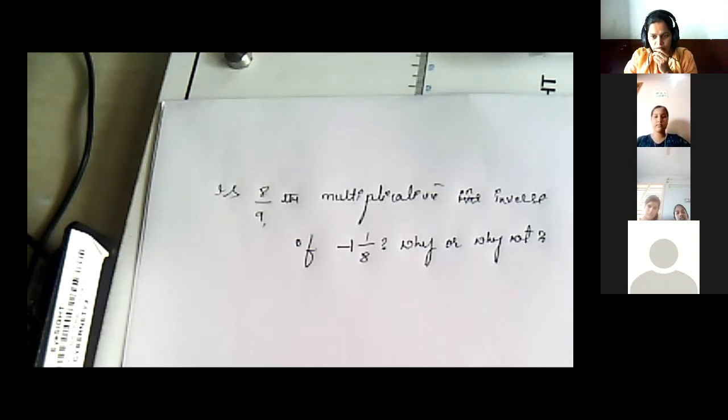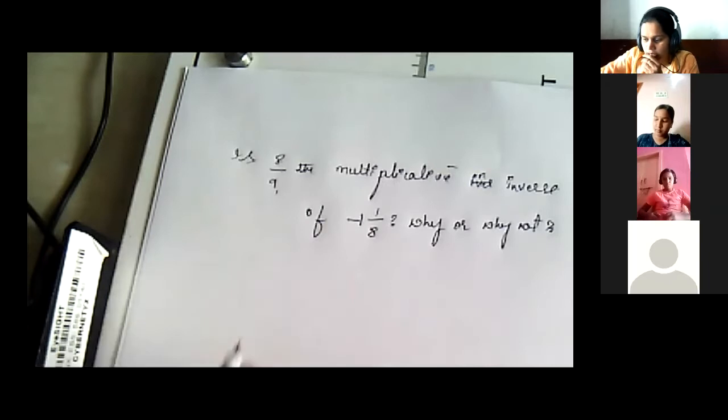What is 1? The multiplicative identity element. Similarly, when we add a number with its additive inverse, we should get 0. Do you remember, children? Yeah, good.